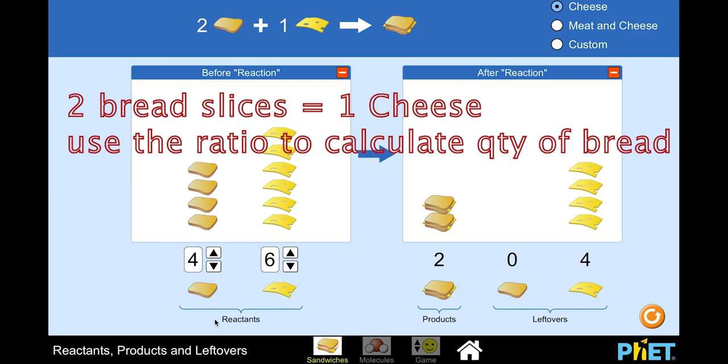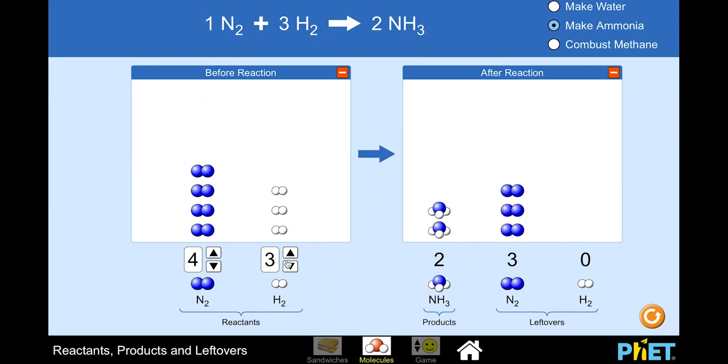or molecules. So for example, let's say we have chemicals, like here we have 4 moles of nitrogen, but we don't know the quantity of hydrogen. So after reacting, we are going to have excess nitrogen remaining, the leftover of nitrogen.